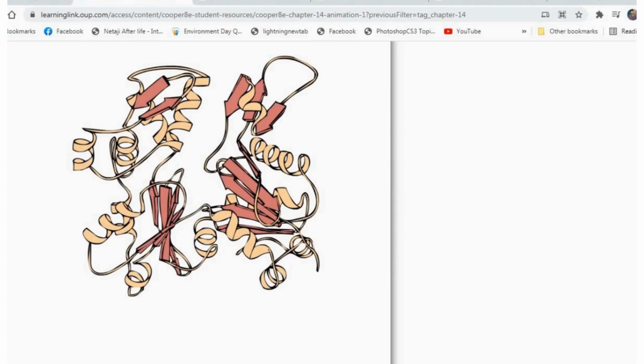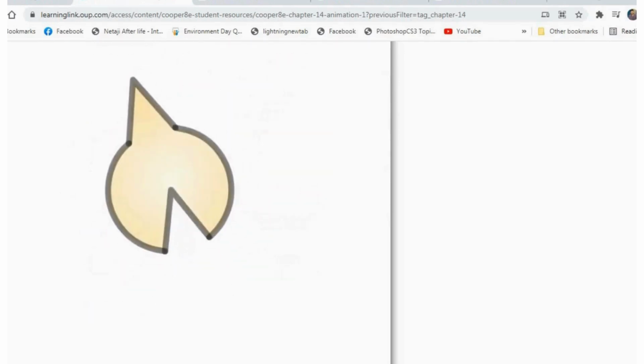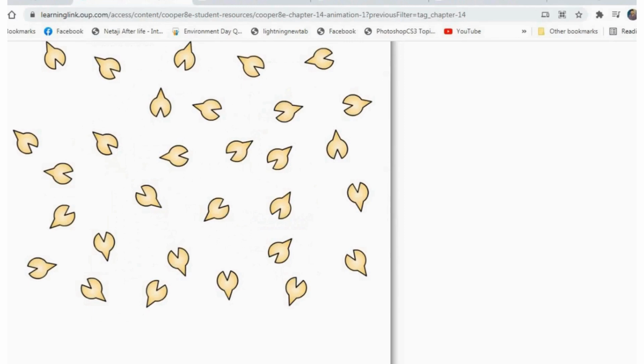G-actin is described as having a pointed end G-actin is described as having a pointed end, that is minus end, and a barbed end, also called as a plus end.